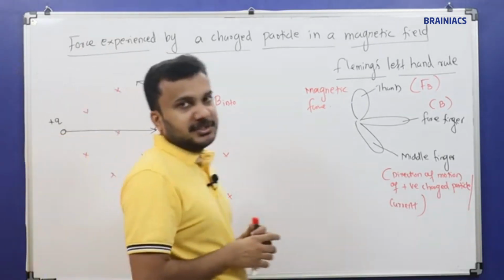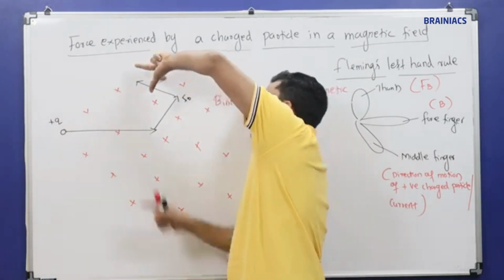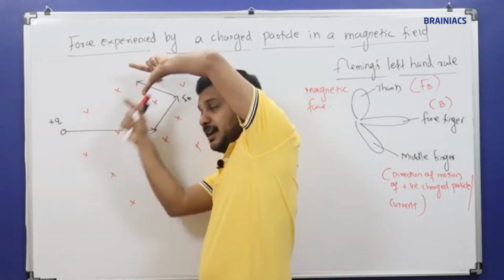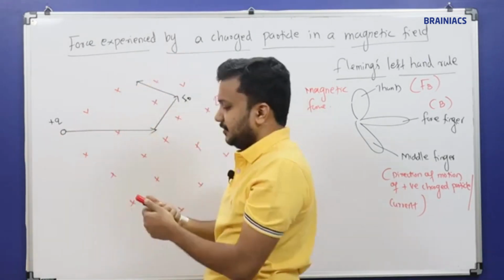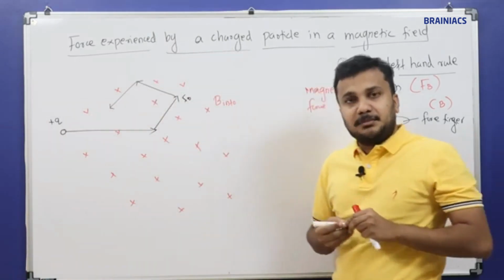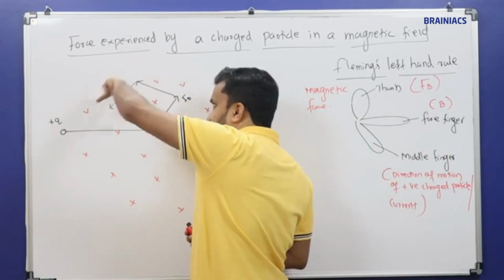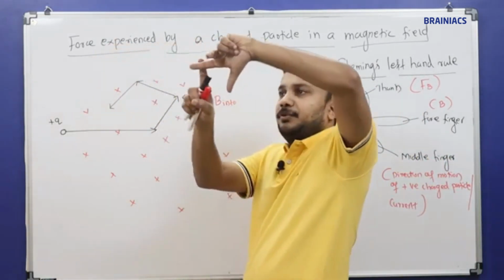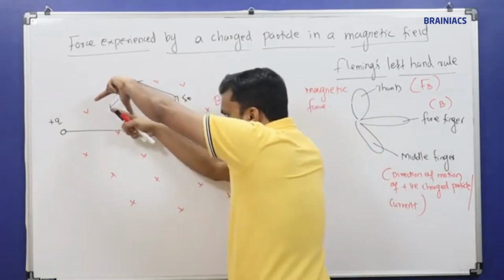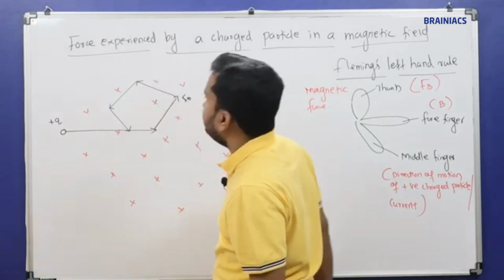Again we apply the rule: magnetic fields are into the board, the middle finger represents the direction of the charged particle, and the force is coming down, so the charged particle is pushed like this. Again, my middle finger is in the direction of the arrow mark and my forefinger is into the board, and the force comes toward me, so it will go like this.